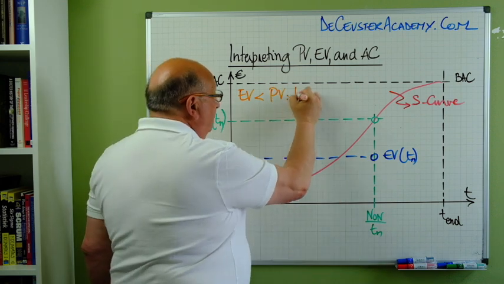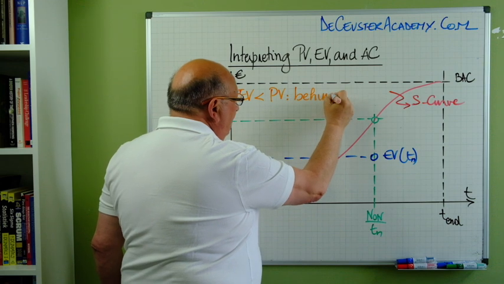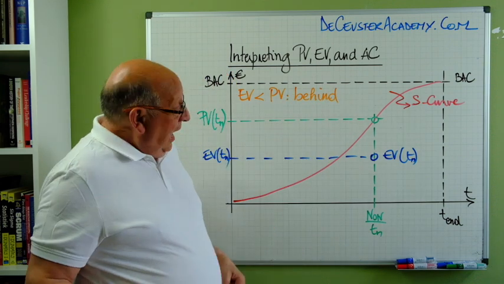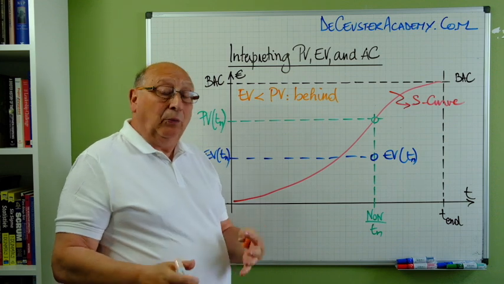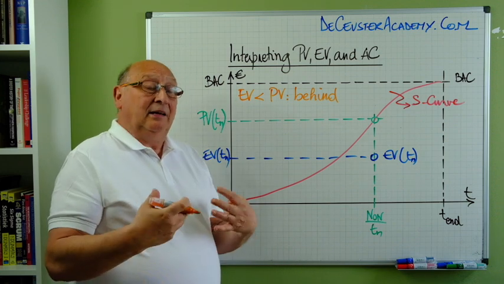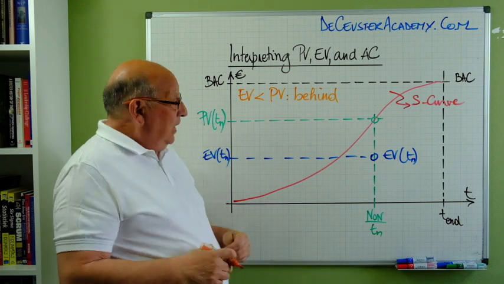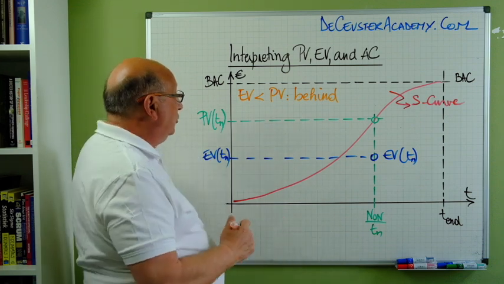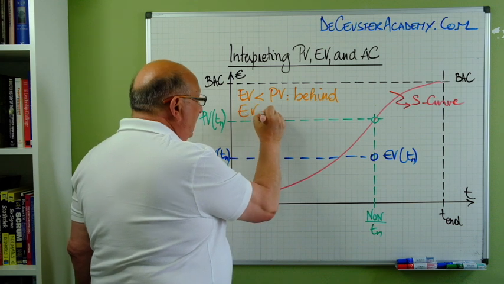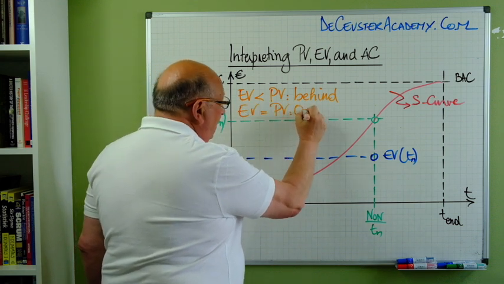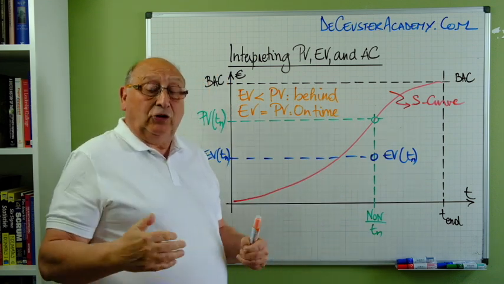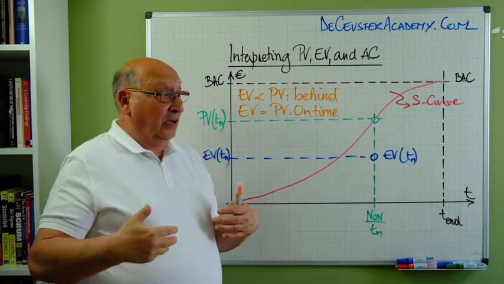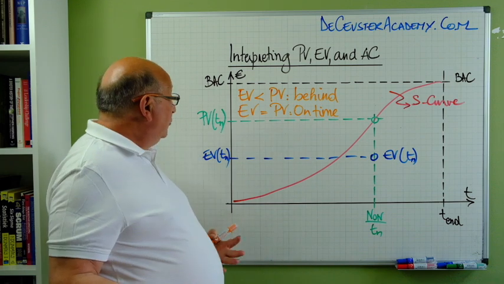It means I am behind schedule. I'm creating deliverables at a slower pace than what I originally planned. So I'm slower, I'm behind schedule. If EV is equal to PV, then we are on time. We are producing the different deliverables as we planned, and that's a good thing.